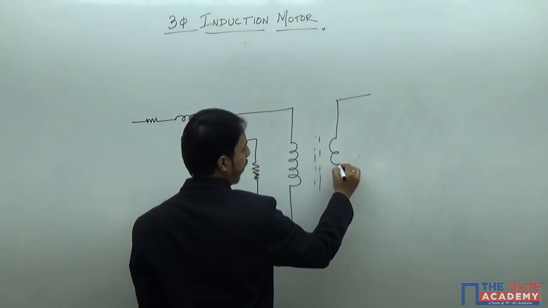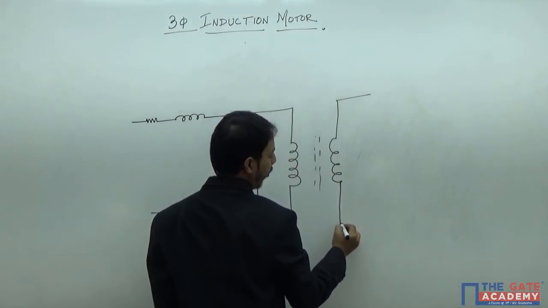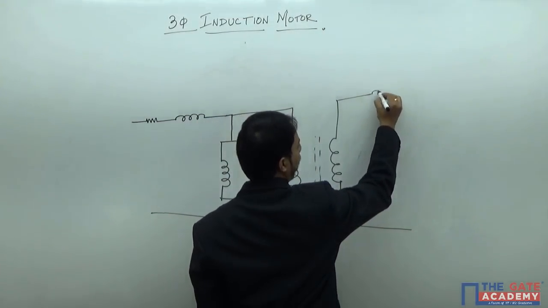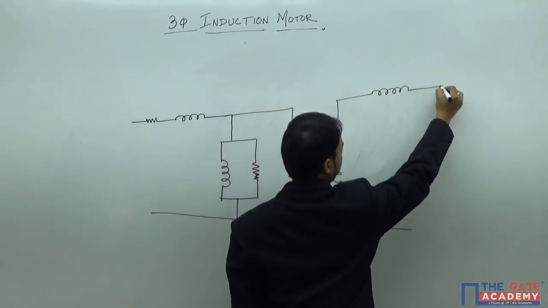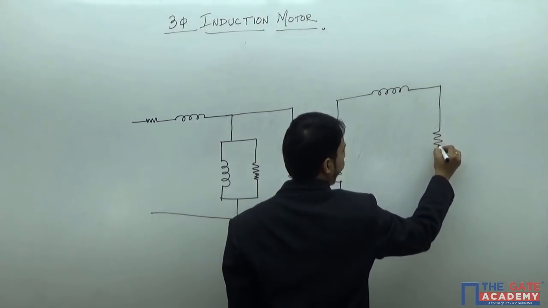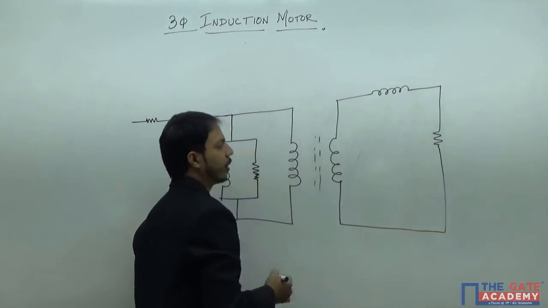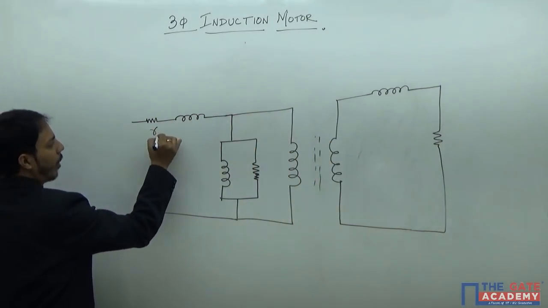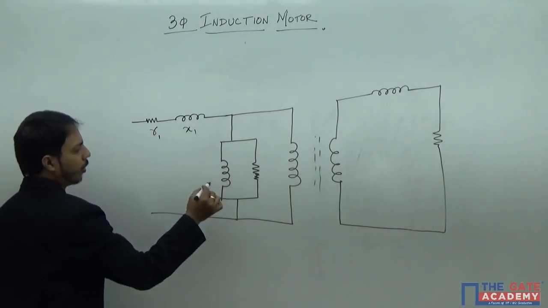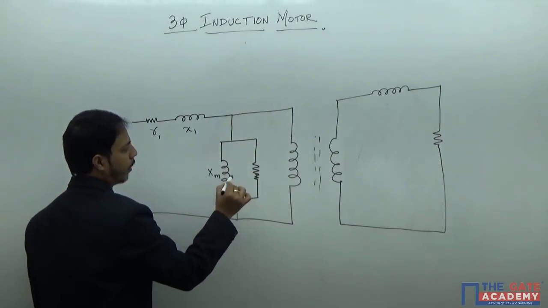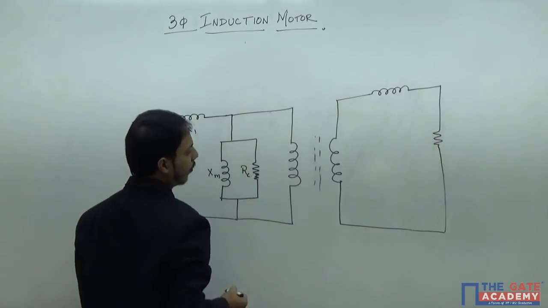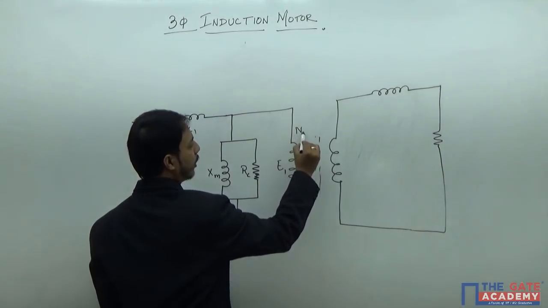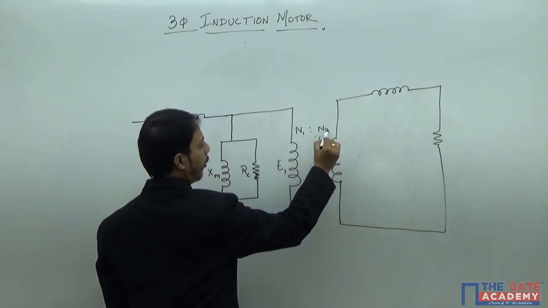After this air gap, I have the induced EMF in the rotor, then rotor winding reactance and rotor resistance, and then short circuit. Let us denote them R1, X1, XM, RC, and this is E1. Let us say the turns ratio is N1 to N2.